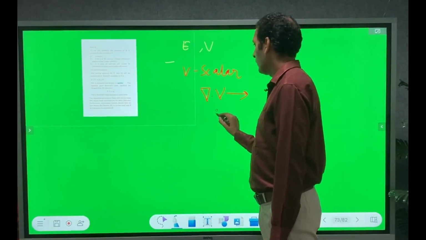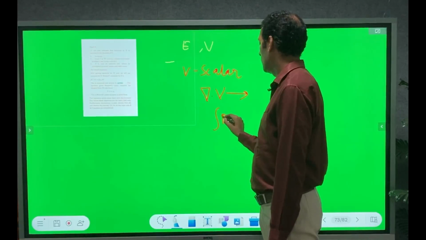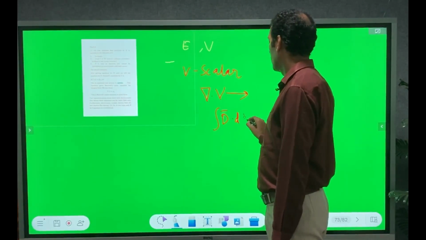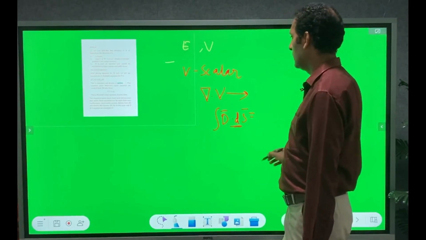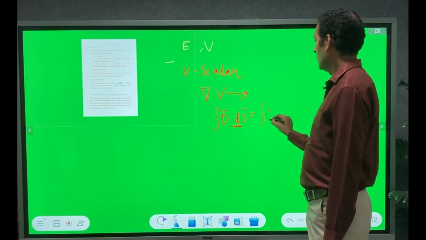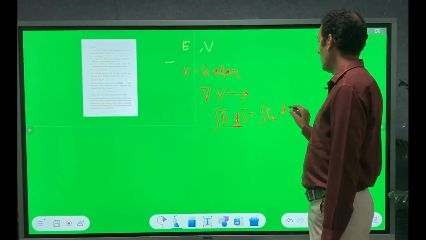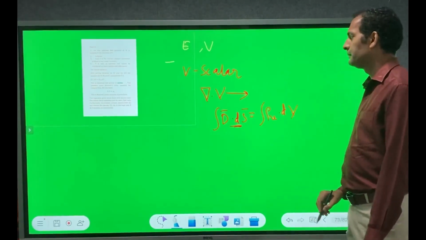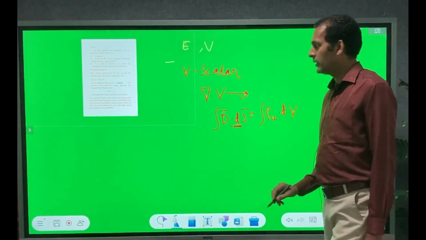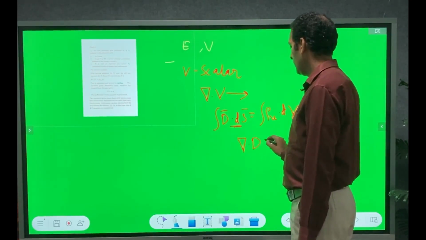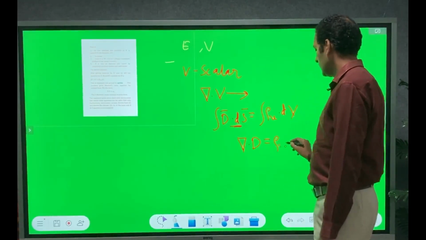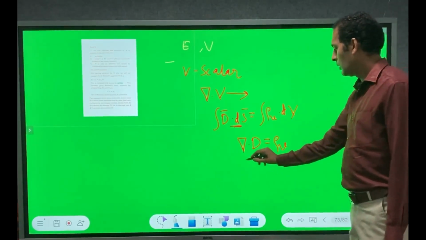So another form of Maxwell's equation is D bar dot ds bar, the surface integral, equal to the integral of rho v dv. Another takeaway in this chapter is that del dot D is nothing but equal to rho v.